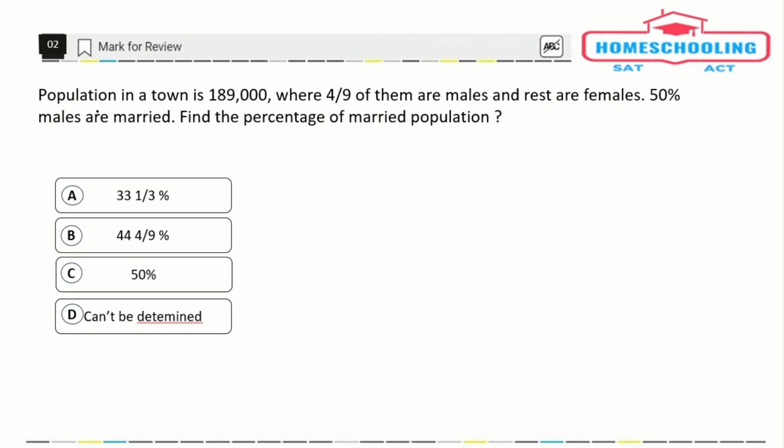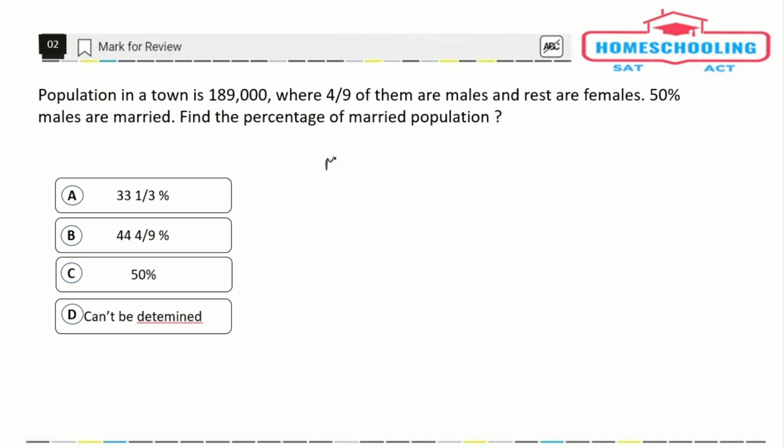The population of a town is 189,000, where 4 by 9 of them are males and the rest are female. 50% of males are married. Find the percentage of married population.